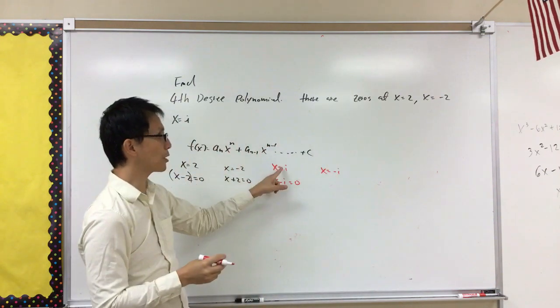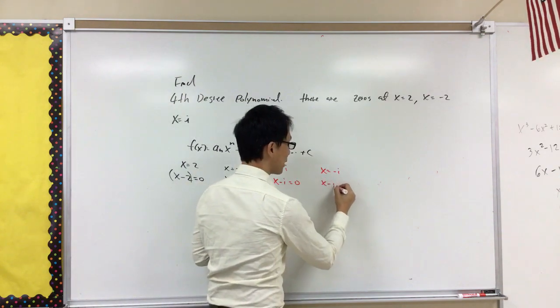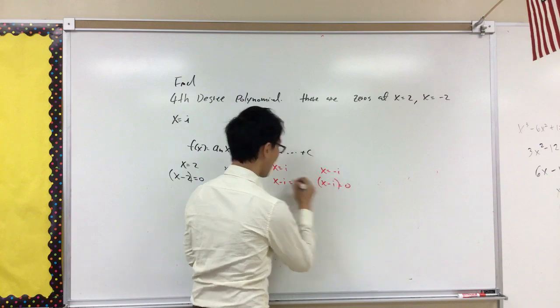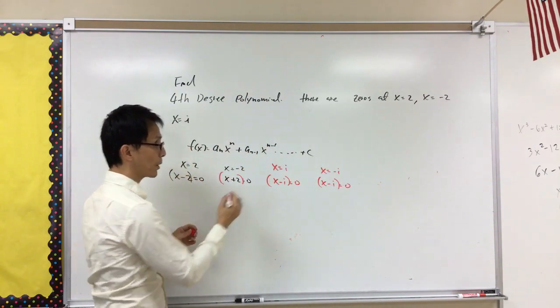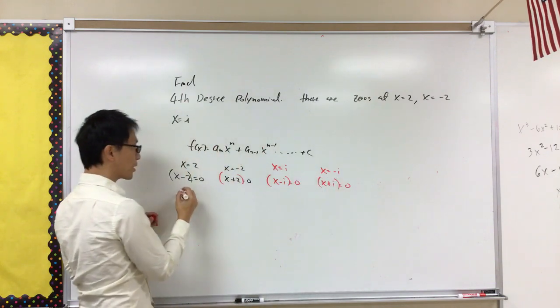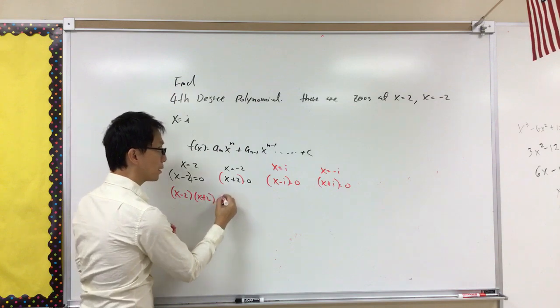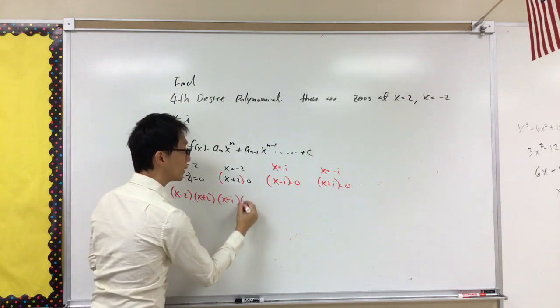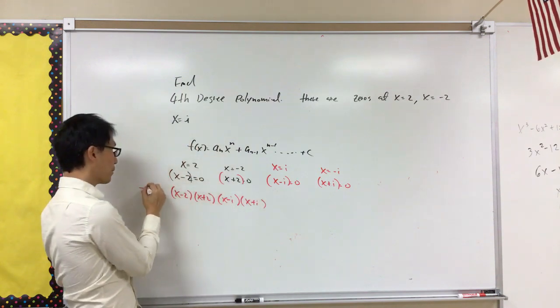You just have to change the sign in front of i. So that becomes a factor, x plus i. So then f of x is going to be x minus 2 times x plus 2 times x minus i times x plus i.